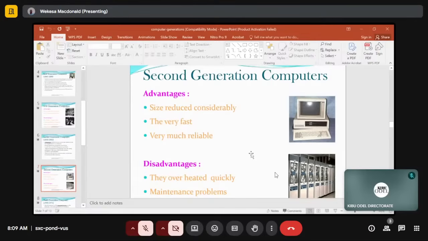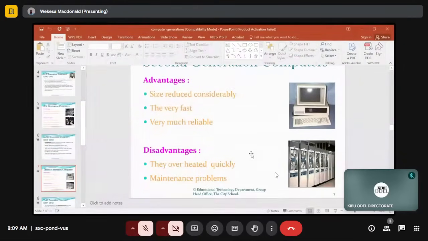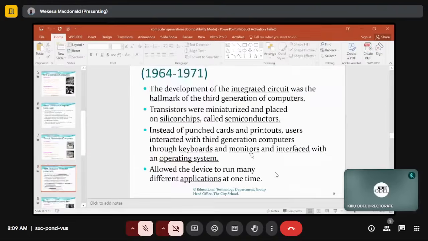They were faster compared to the first generation. They were much more reliable than the first generation. Disadvantages, also they overheated. They had issues with maintenance, right?